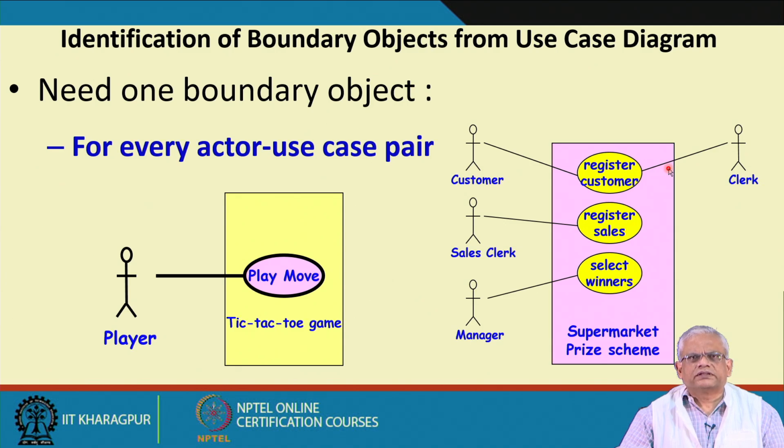I am sure that given a use case diagram, everybody will find it very easy to identify the boundary objects, and later in the design process, these boundary objects will become user interface components, menus, check boxes, text boxes and so on.